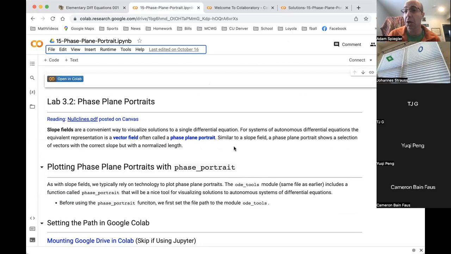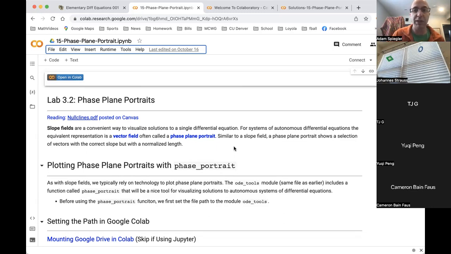I want to start by showing how we can plot some of these things in Colab, and then discuss how we can look for where some interesting properties might be located, so that we get a sense of where we might want to tell Colab to zoom in around the phase plane to pick up on some interesting properties like the behavior of equilibrium. We're going to balance things a little bit today, doing some stuff on Colab and then doing some old-fashioned analysis by hand and comparing the two.